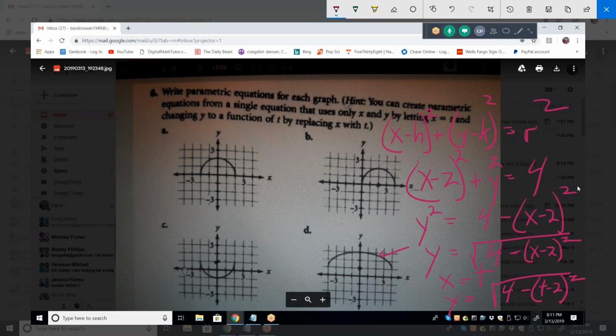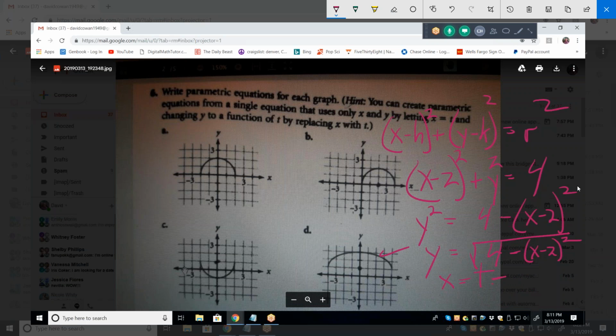They say that x equals t plus 2. Is that right? Okay. Well, here's the thing: you can actually let x equal whatever you want. In this particular instance, it makes the y part a little bit easier.